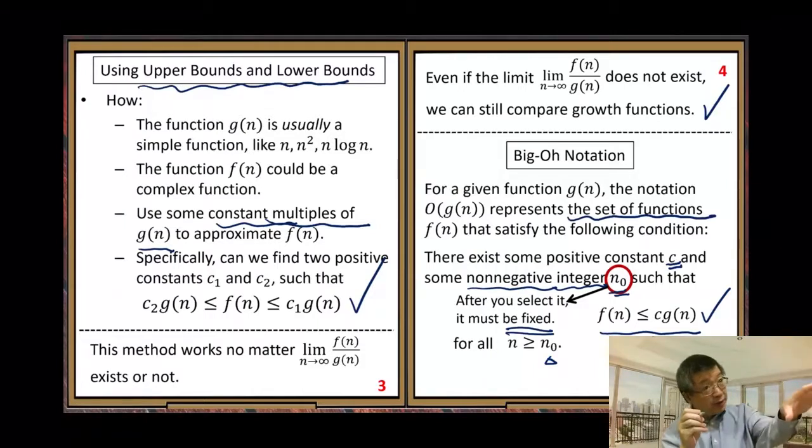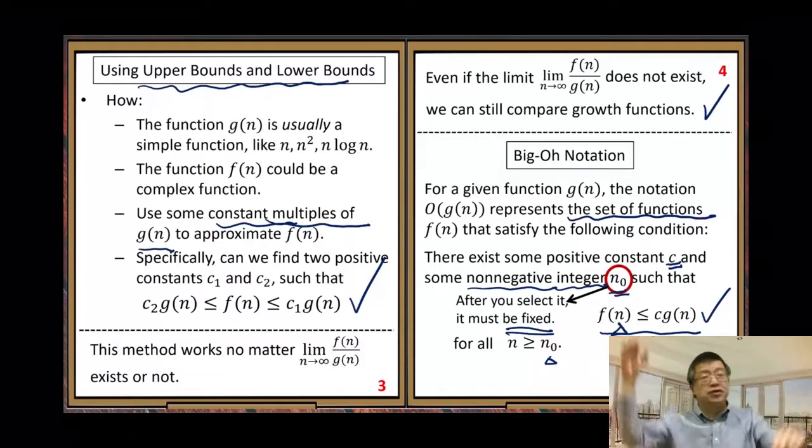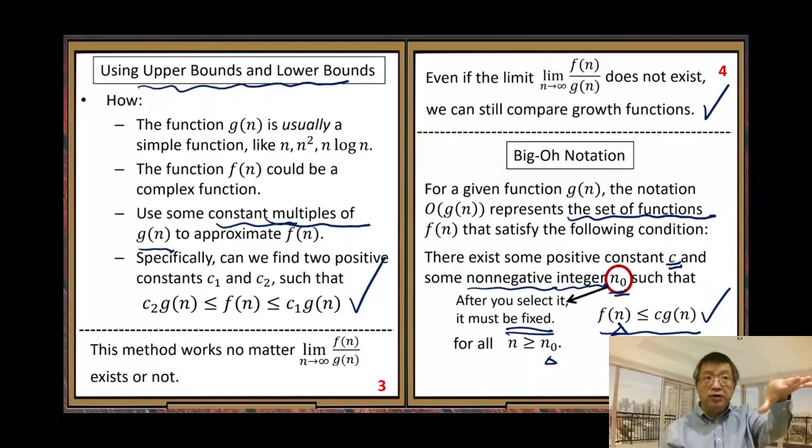You have to stick with it. When the problem size n grows, you always use this n0. You can never change. The first time you select it, you should select one that is good enough, because you cannot keep changing this value.